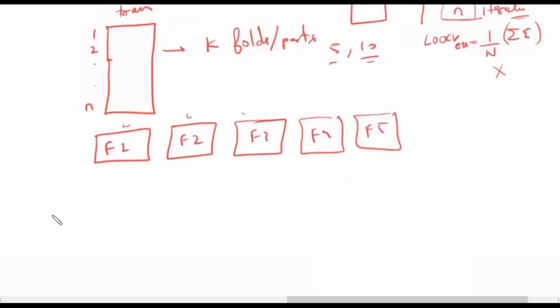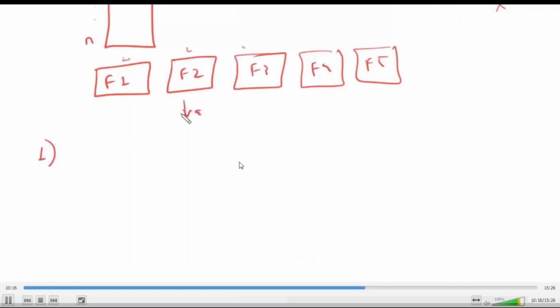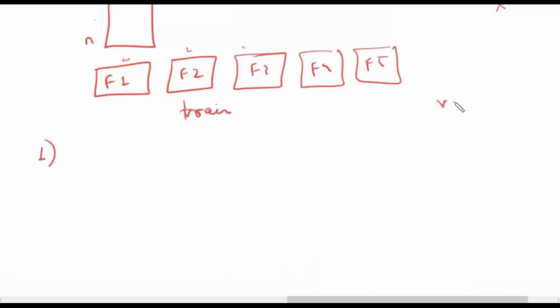Now we start with some iterations. In the first iteration, we take the first 4 folds as our training data. Let me write here training and validation. So we will take fold 1, 2, 3, and 4 as our training data, and the 5th fold will be the validation data set.